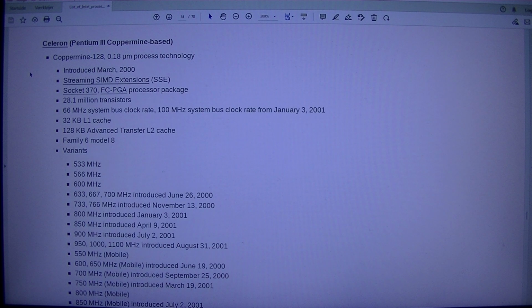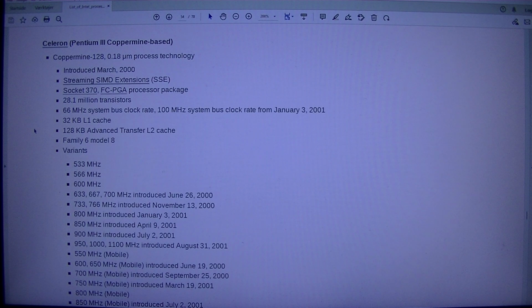Socket 370, FCPGA processor package. 28.1 million transistors. 66 MHz system bus clock rate, 100 MHz system bus clock rate from the 3rd of January, 2001. 32 kilobytes L1 cache. 128 kilobytes advanced transfer L2 cache.